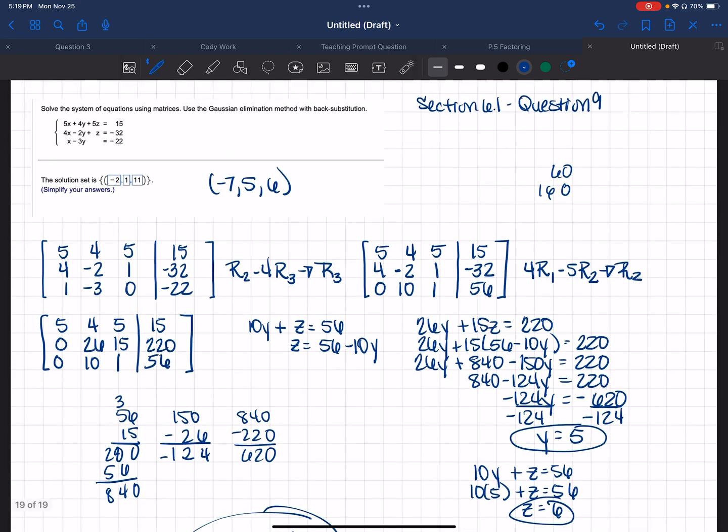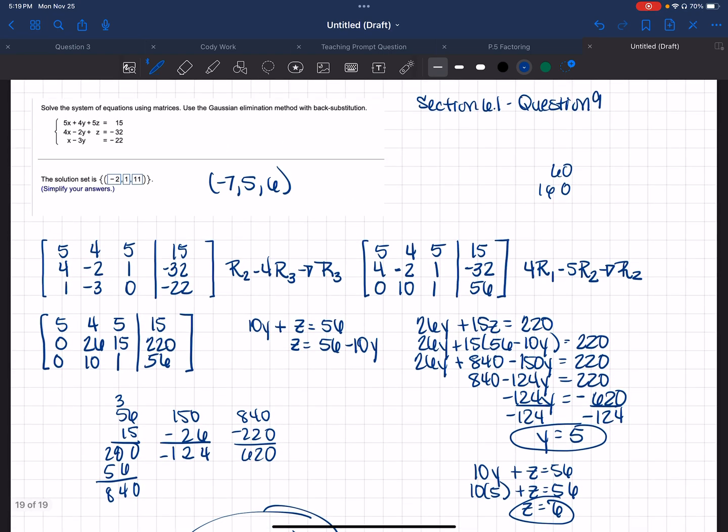Okay, so once again, we're looking to set this up kind of like our goal. If we were using the Gaussian method all the way, which we're not going to because it's going to take way too long, we're going to work it down to where we can solve using substitution.